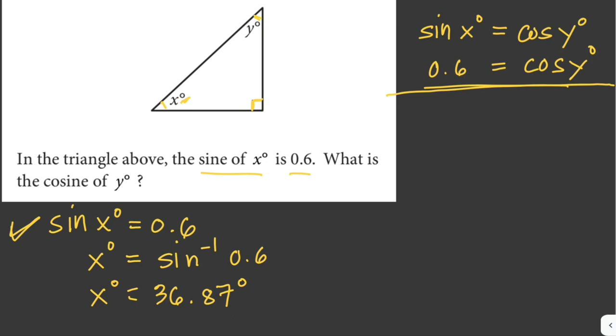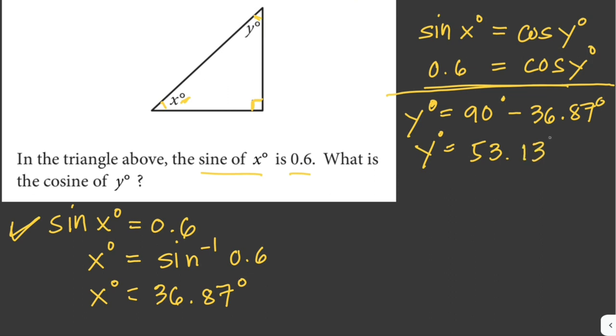Now we can solve for the value of y degrees, angle y, which is just 90 minus 36.87 degrees. So y degrees is just equal to 53.13 degrees.